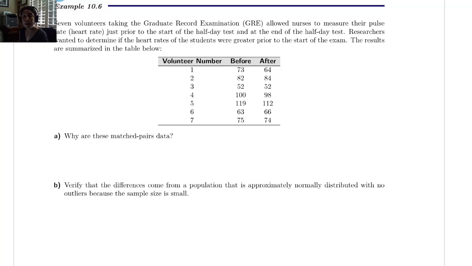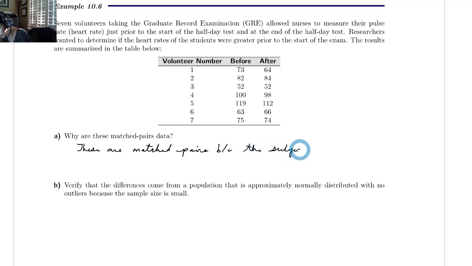Well, because the same subjects in the second sample are in the first sample, and so these are matched pairs, because the subjects in the first sample are the subjects in the second sample.